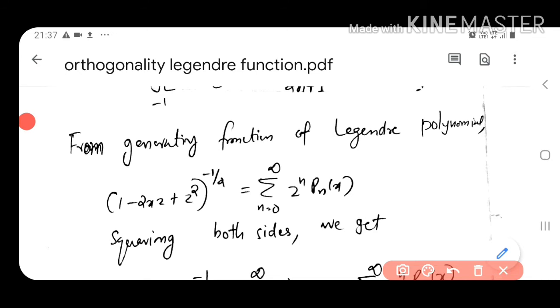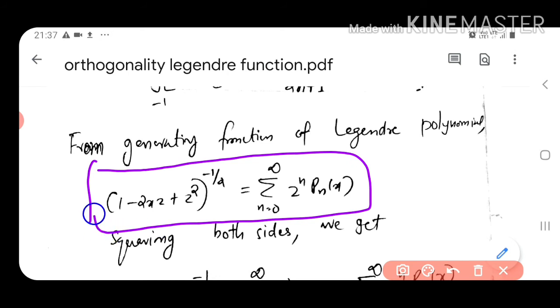You know, this is the generating function, (1 minus 2xz plus z square) to the power minus 1/2 is this. We square on both sides. Okay, we take the square of this. So here we have to square, here also you have to square.